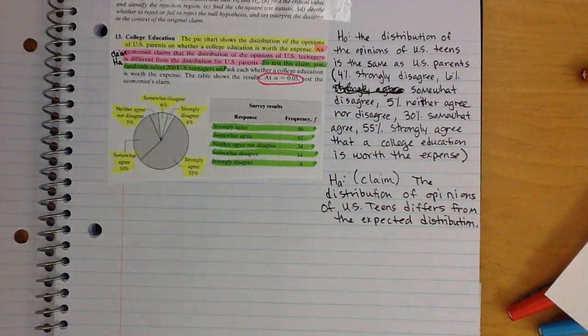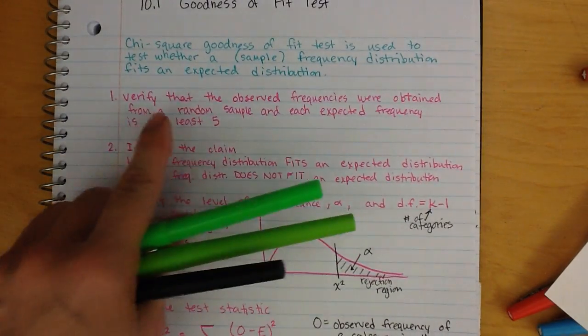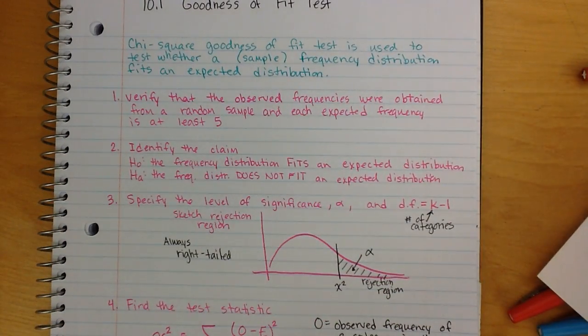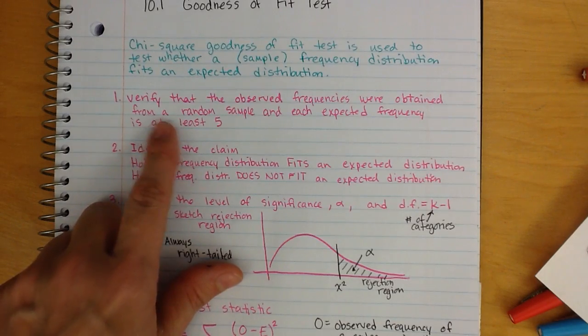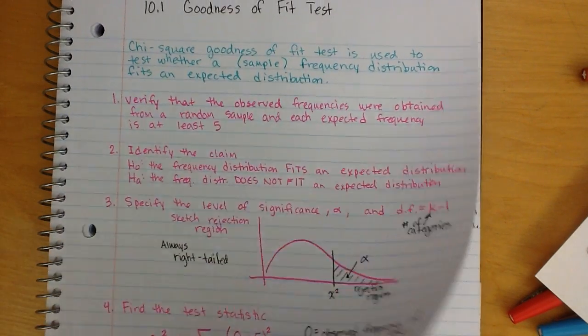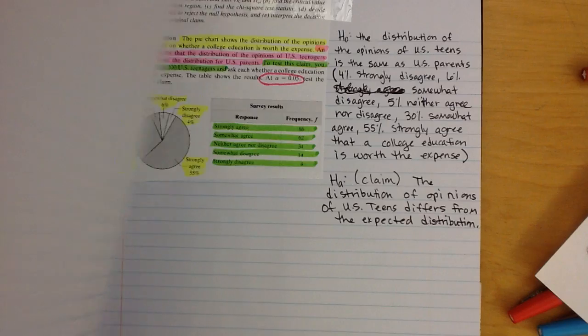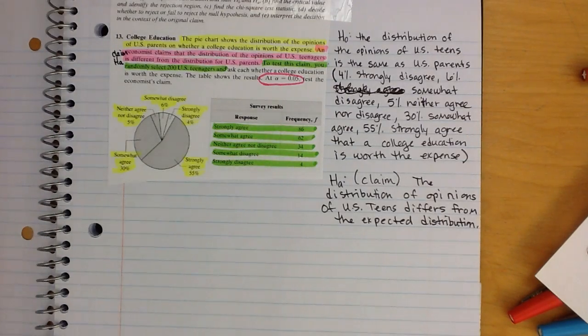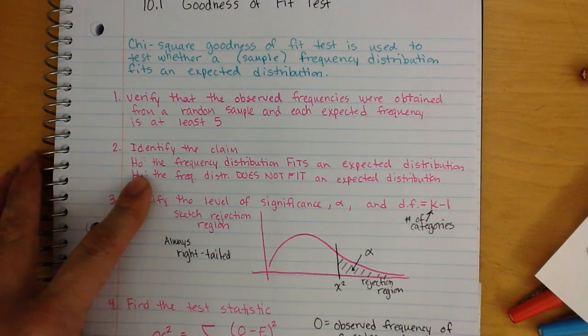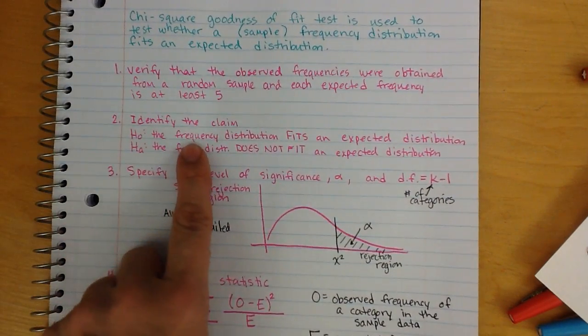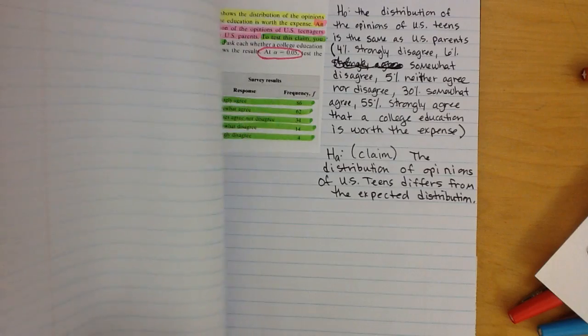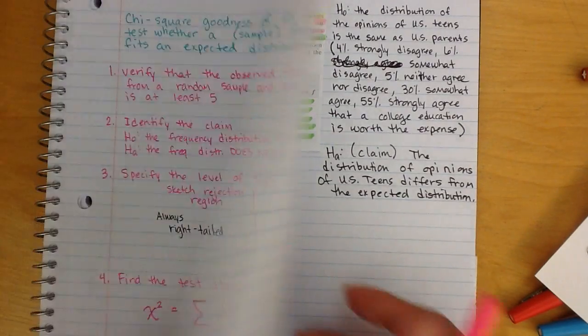So let's go through our steps here. Verify the observed frequencies are from a random sample, which they were, and each expected frequency is at least 5. Well, our expected frequency we're going to calculate in just one moment. Identify the claim that the frequency distribution fits the expected, so the teens fit the expected distribution.